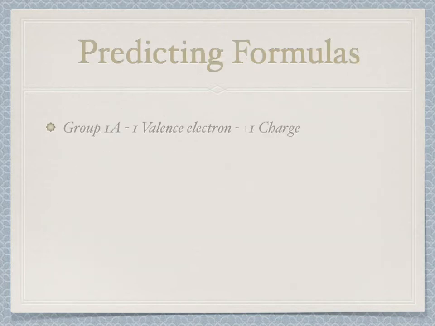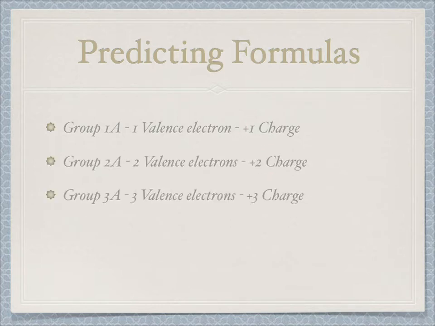In order to predict some formulas, you need to know some basic things. Some of these are really easy, and I would even suggest that you write some of this stuff down on your periodic table if you want to. In group 1, all of them always have a +1 charge. That's pretty easy. Group 2, +2 charge. Group 3, +3 charge. So those are your typical main ones in the group A that are the metals that tend to form the cations.